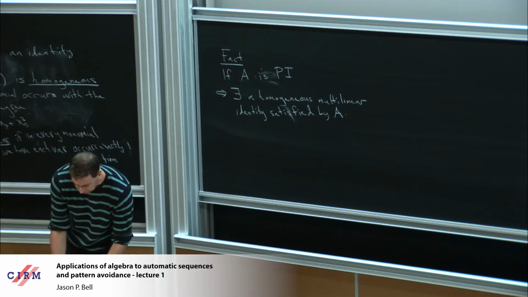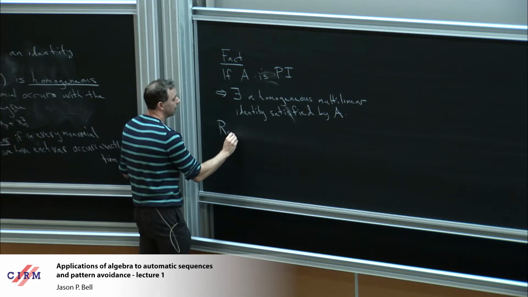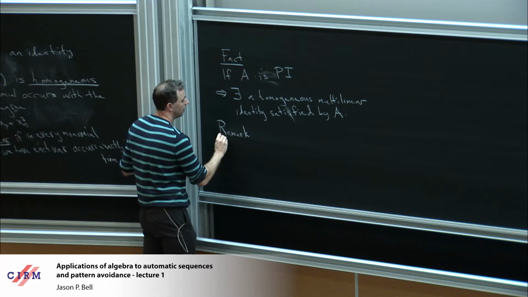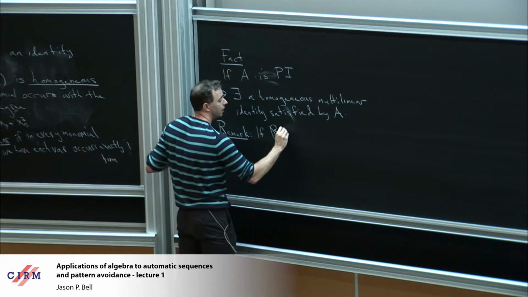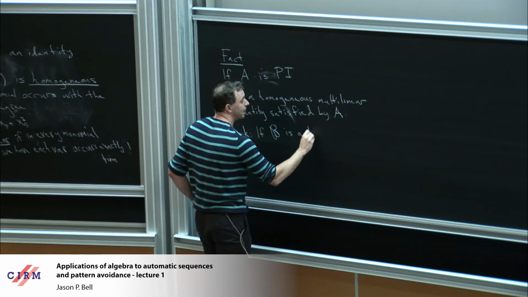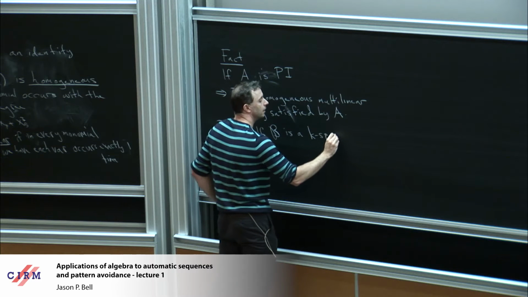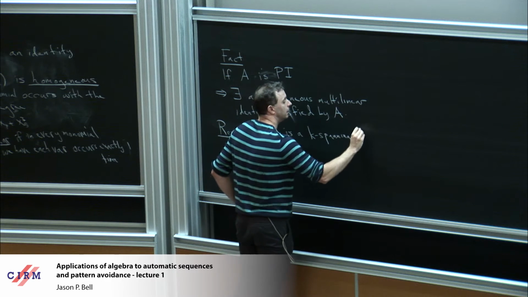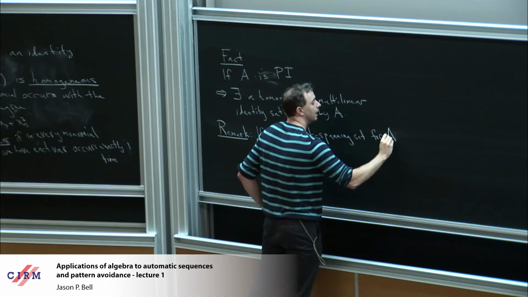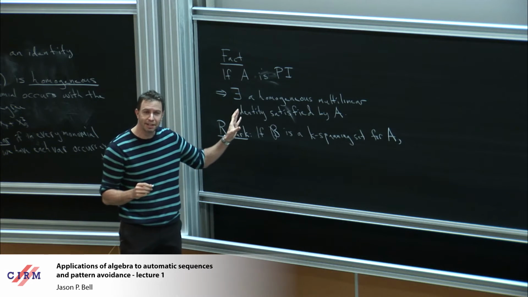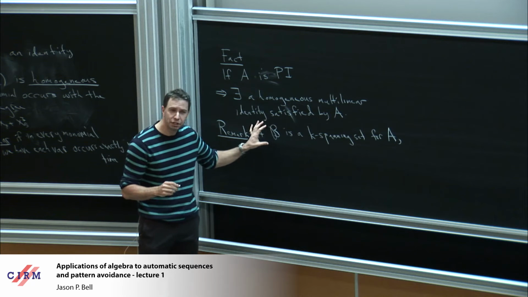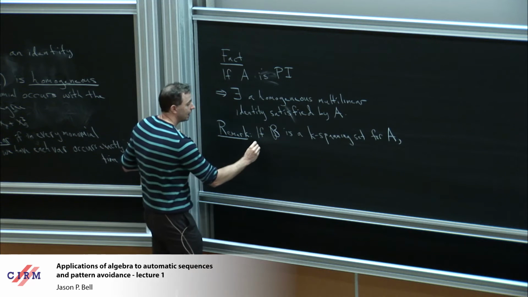And the significance of satisfying a homogeneous multilinear identity is the following observation. So the following remark. If B is a K-spanning set for A, if I want to check that it satisfies a homogeneous multilinear identity, I just have to check evaluations in B.